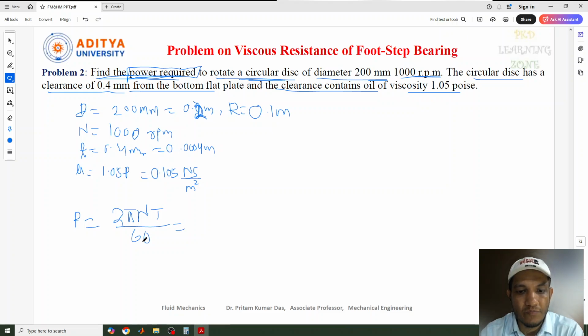So here if you write the final terms, what we are going to get now is mu, and this is pi cube N square R to the power 4 by 60 into 30 into t.